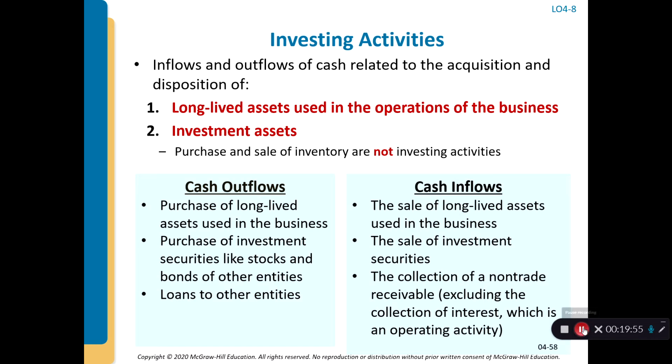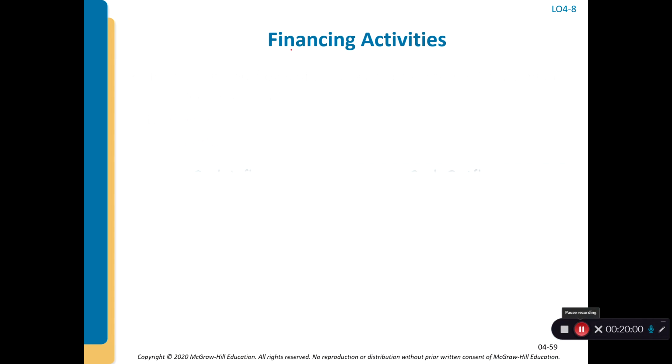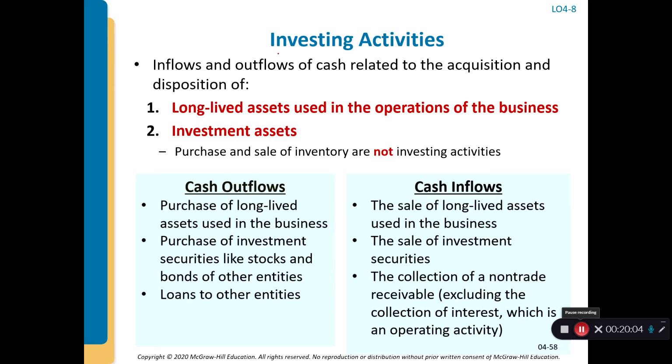Okay. So now let's look at the investing activity. Investing activity of cash flow is the inflows and outflows of cash related to the acquisition and disposition of long-lived assets used in the operation of the business or investment assets, right?